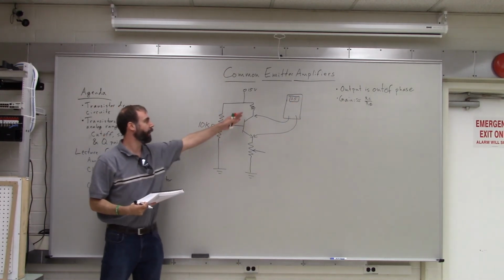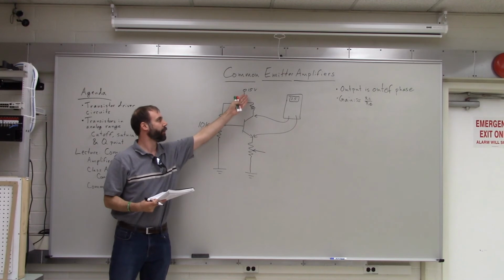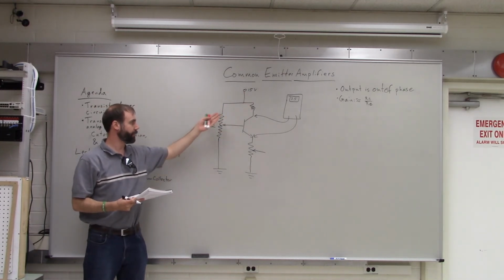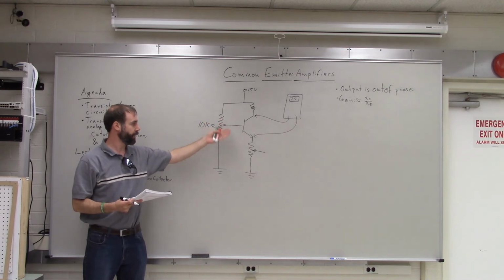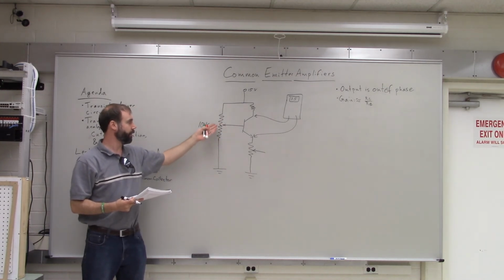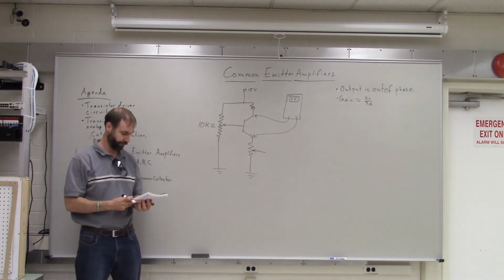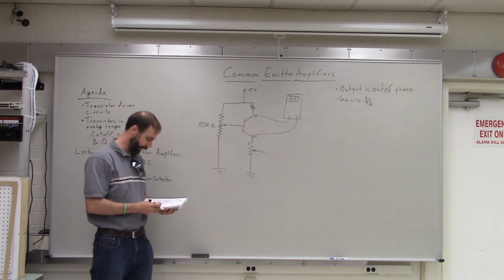Because that's going to be half of the maximum voltage, right? So this first part is constructing the transistor and the voltage divider so that you can set the quiescent point, the Q point there. Okay? So you're going to build that and get that all set up.